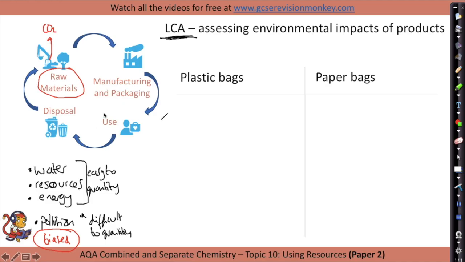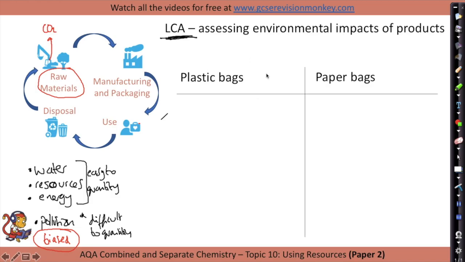Are you using plastics from crude oil? Are you releasing pollutants in the factories that you're using? The use of the product would involve things such as whether it can be reused or recycled, and then the disposal of the product. Again, the recycling comes into this bit. Can it be recycled, or is it going to go to landfill? Is it toxic to the environment, and things like that.